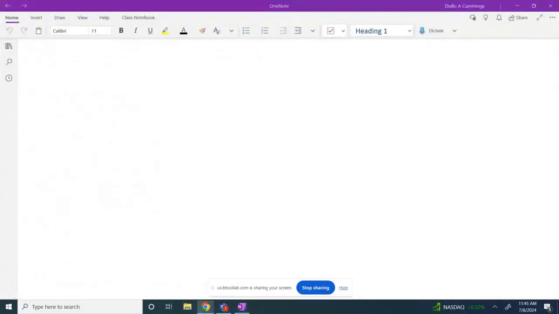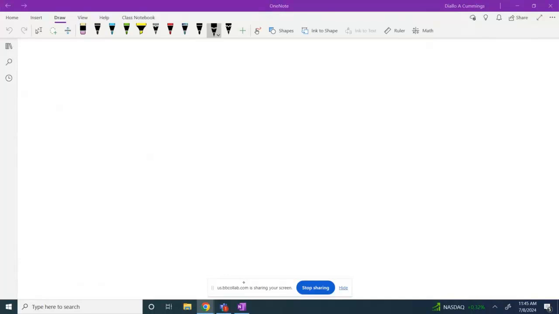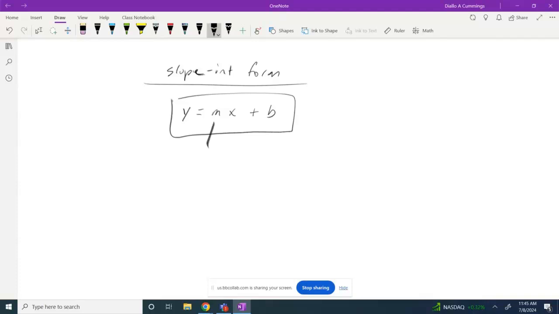linear equations. First of all, we have what's called slope-intercept form. And slope-intercept form is in the form y is equal to mx plus b, where m is the slope and the slope is the rise over the run, and b is the y-intercept.